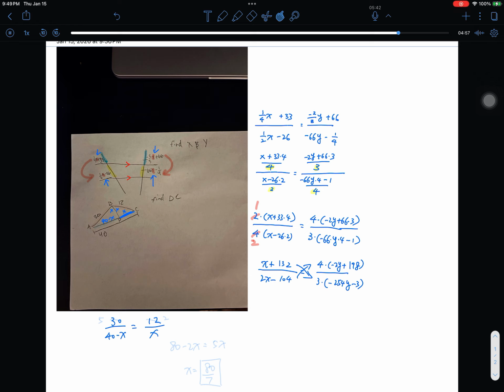30 here, right? Over 40 minus x, use the blue part here, is equal to 12, which is here, over x at the bottom. You need to cross multiply.